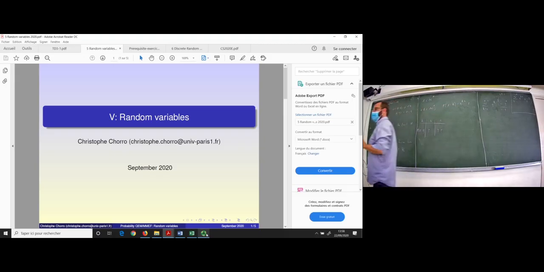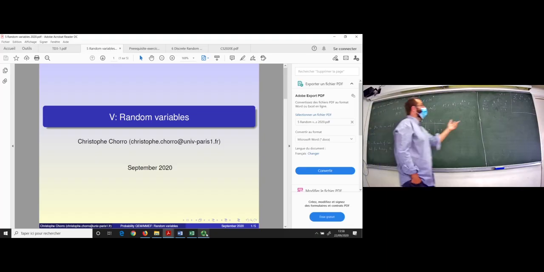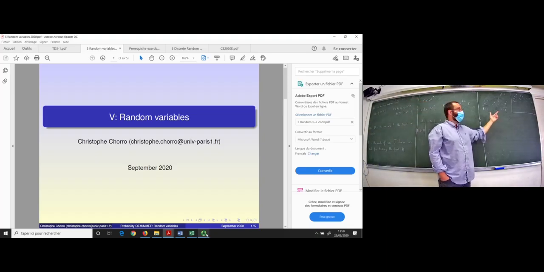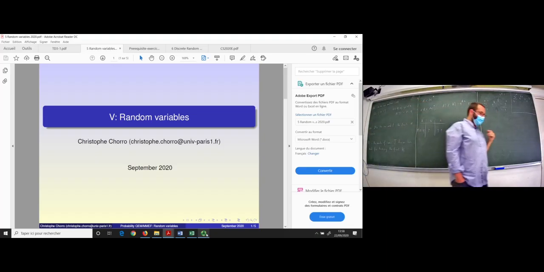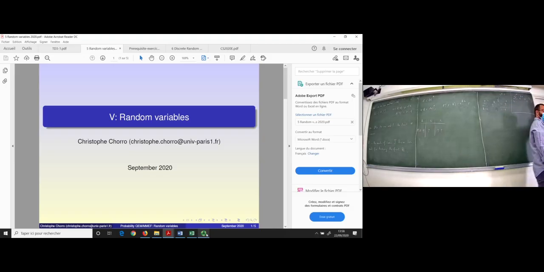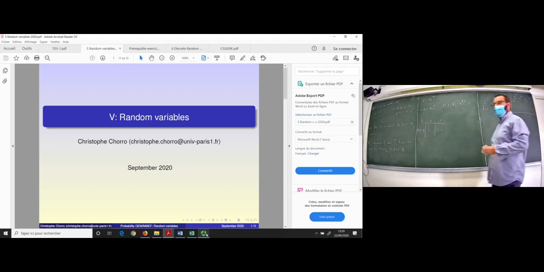After, I will pass to the limit. Yes, induction. I have a property to prove for all n. If you don't have the idea how to prove this one, you can prove it by induction, proving it for n equal to 1, and so on. Very basic to do in 5 lines. So I have this one that is related, I repeat, to the sum of the terms of a geometric sequence.